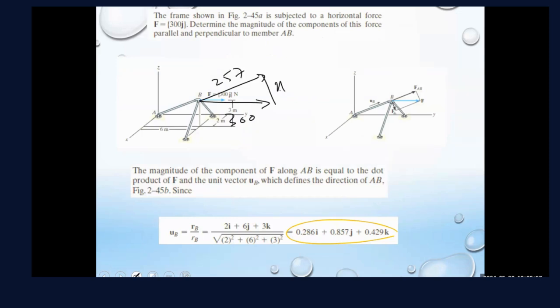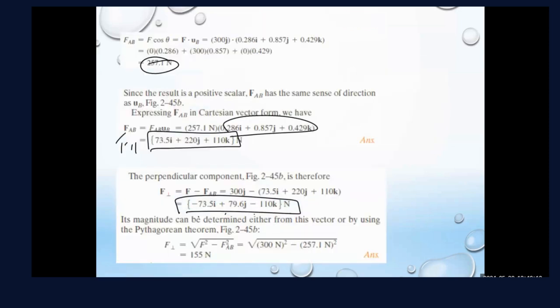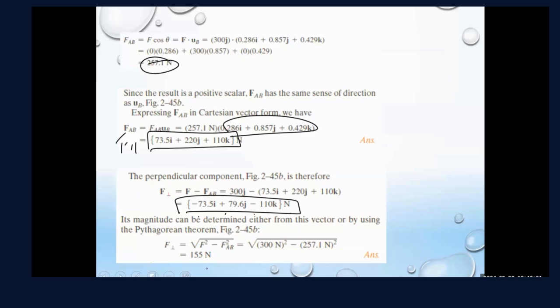This we don't know. So you can use the Pythagoras theorem. x is equal to the square root of 300 squared minus 257 squared, right? Just the Pythagoras theorem to calculate the magnitude, or you have the vector. Like you can use this vector and you can calculate the magnitude with it. Right? Maybe you can do one quick calculation just to double check.